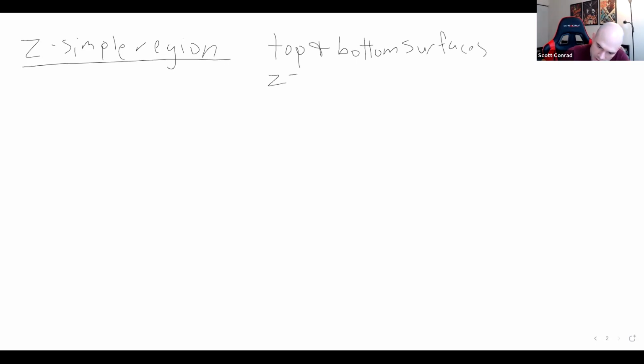So our top surface is going to be z equals, say, g2 of x, y. And our bottom surface is going to be z equals g1 of x, y. So z is going to be the guy bounded by functions.